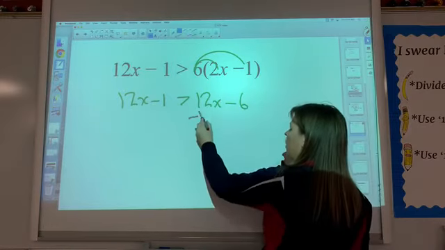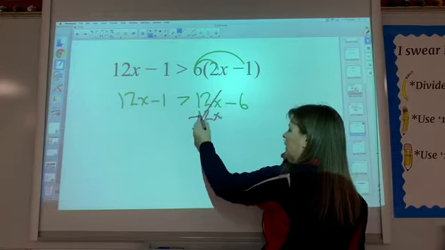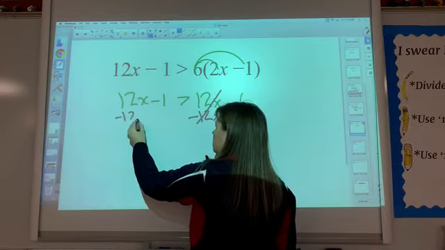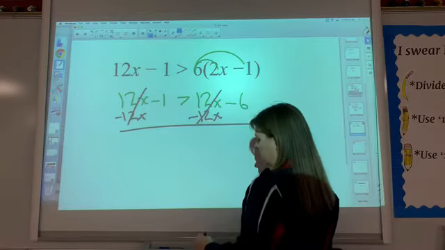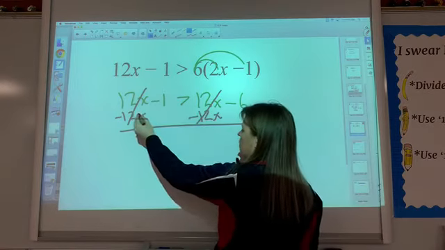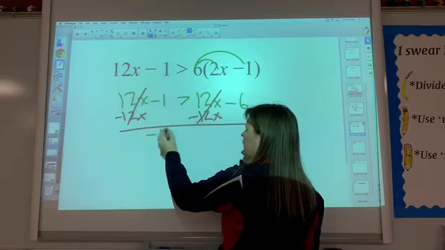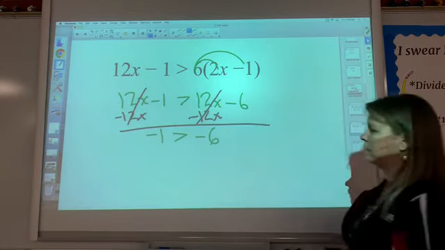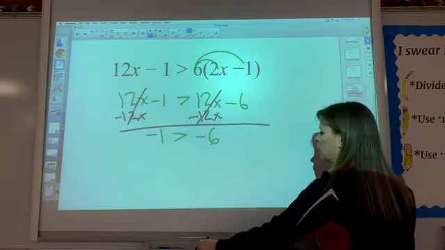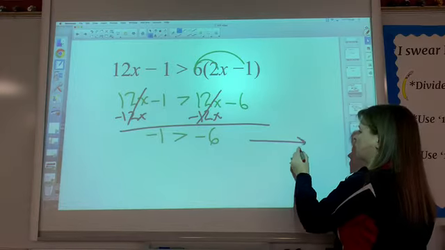First step is to always get the x's together, and let's get them on this side of the equation. When you subtract 12x, they disappear both times. 12x minus 12x, inverses. Negative 1 is greater than negative 6. Is negative 1 actually bigger than negative 6?